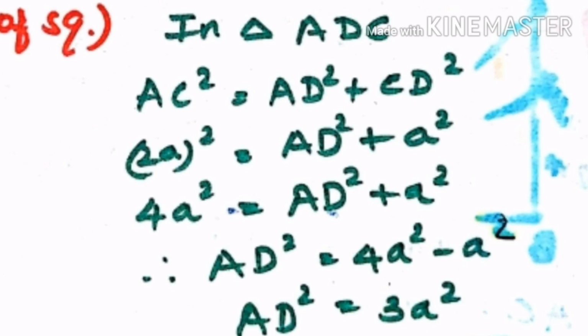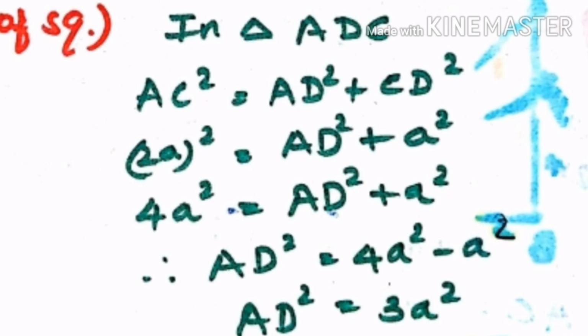So in triangle ADC I will start my Pythagoras theorem. AC square is equal to AD square plus CD square. The value of AC is 2a, so substitute: 2a whole square is equal to AD square plus CD square. Just now I told you that CD is small a. 2a square is 4a square, equal to AD square plus a square.